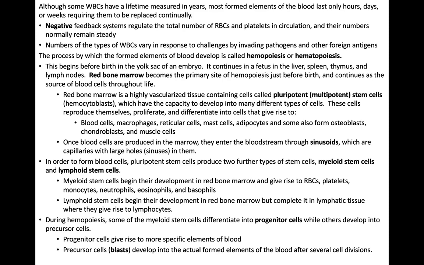For example, you have some of your white blood cells that are more specific to fight off things like viruses, whereas others are more specific to fight off bacteria, or some are going to target parasitic worms that can invade us, which sounds really gross, but that does happen.